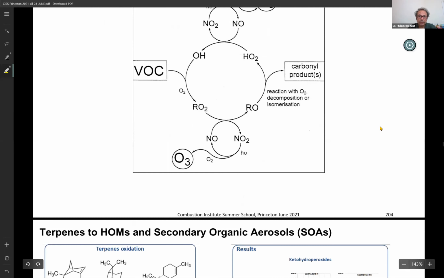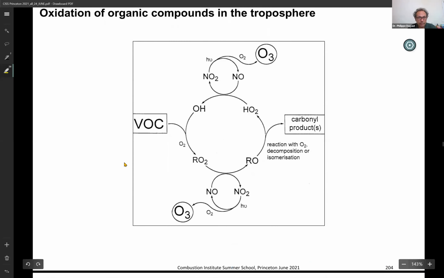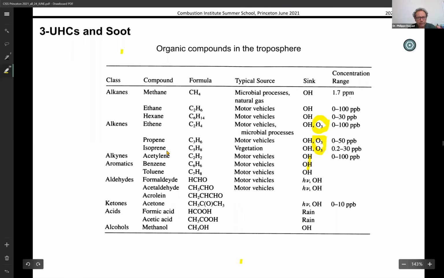So in the atmosphere, besides isoprene, there are lots of other chemicals emitted by vegetation, especially terpenes. Terpenes are interesting, as I already mentioned. They are part of the natural air pollution, but they have also been proposed to be used as fuel.